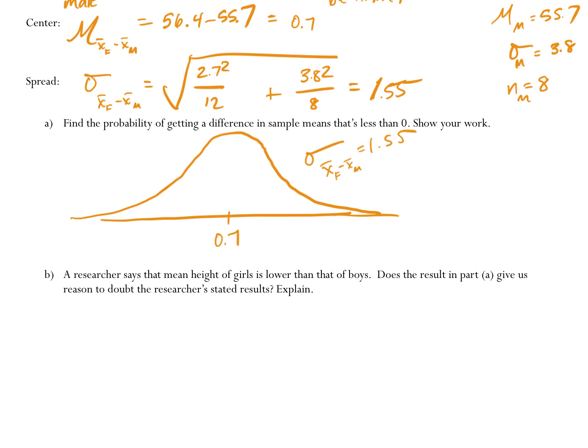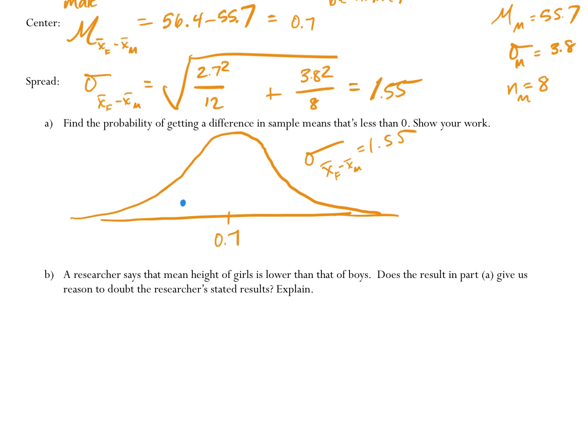When we talk about this point right here, what does this point represent? Someone who's less than 0.7? Yeah, and that's not what this is a graph of. This is not a graph of people's height. Is it a sample that was less than? It is not. A difference? A difference in what? Between the mean of two samples.